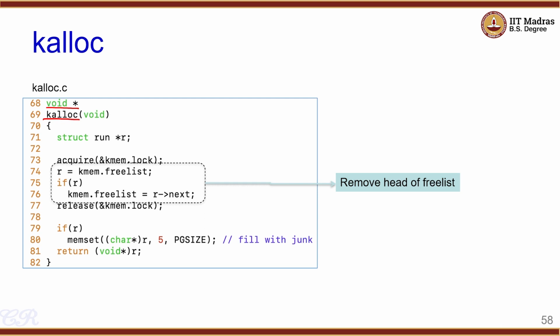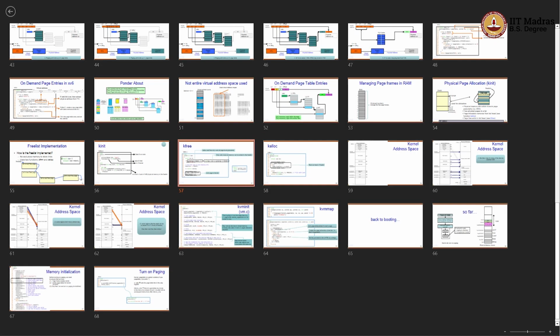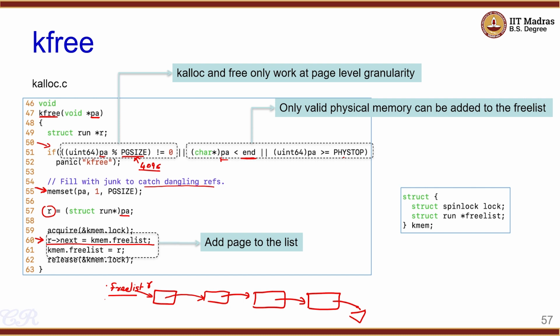So quite simple. What we essentially do here is extract the head of the free list, store the pointer in this value R, and then make free list point to the next node. So if I do kalloc, I essentially cut this pointer here, move it here and make it point to the next node, and this page frame is what is returned by kalloc.